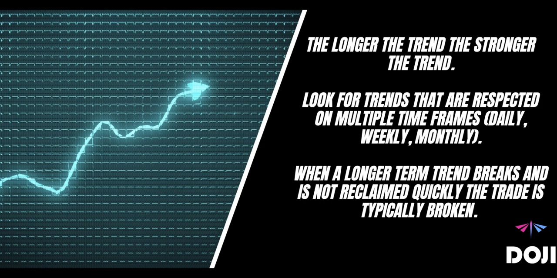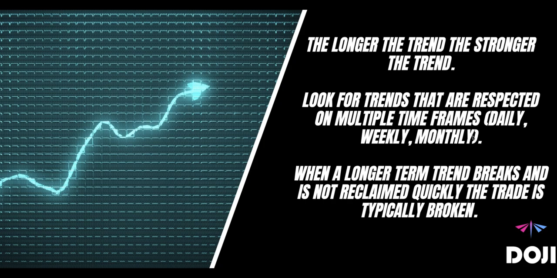Lastly, understand when a longer-term trend is typically broken. What you want to do is identify these longer-term trends and understand that typically if these longer-term trends are broken, they will supersede shorter-term trends, and they should be respected almost at any cost.